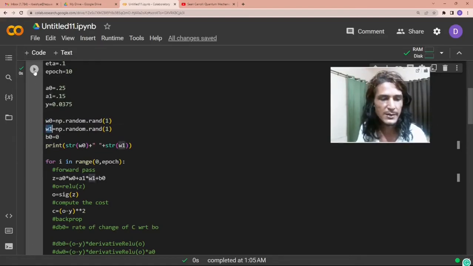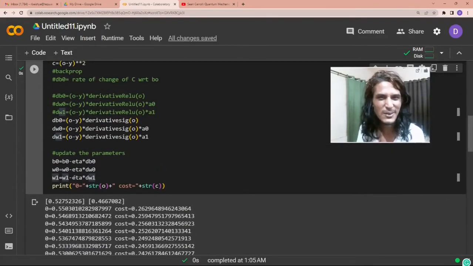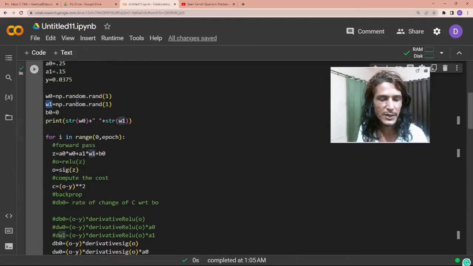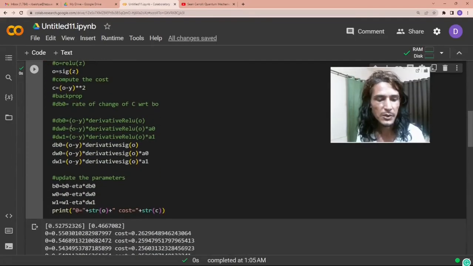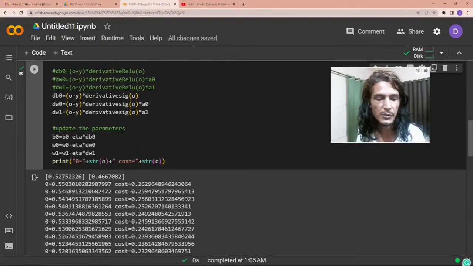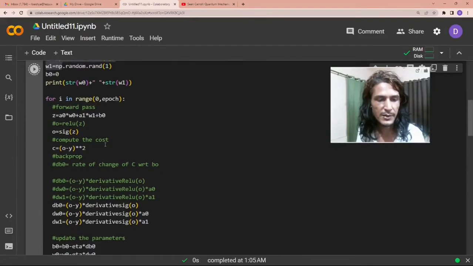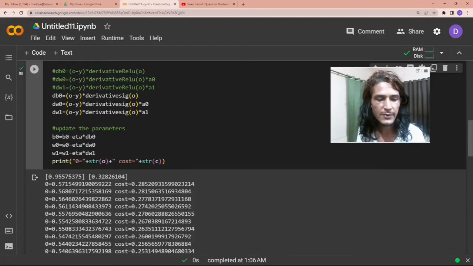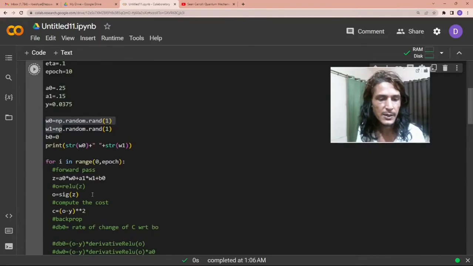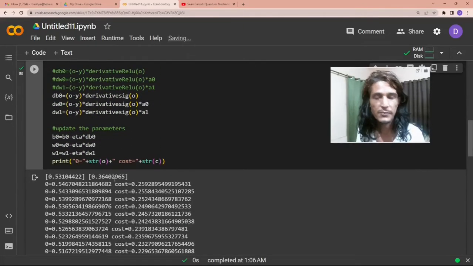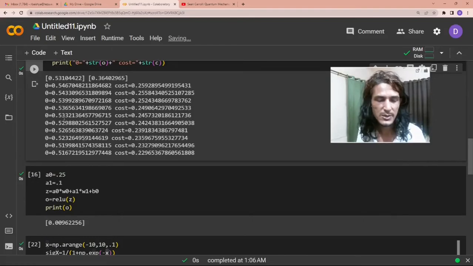Before dealing with this sigmoid thing, let me tell you one thing about W0 and W1. Every time we run this code, you will get different pairs of W0 and W1. This time it is 0.5 and 0.46. Next time, if I run it, you will get 0.5 and 0.32. Again, if I run it, you will get 0.5 and 0.36. Since the initial weights are different, you get slightly different outputs of the same pattern.